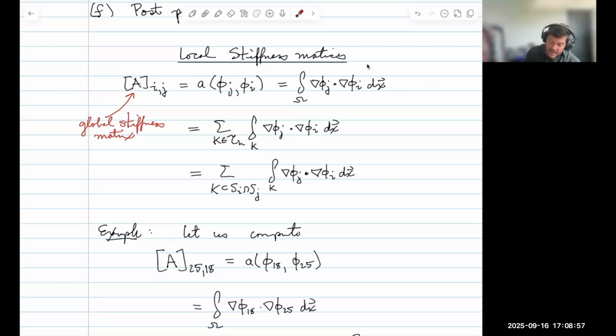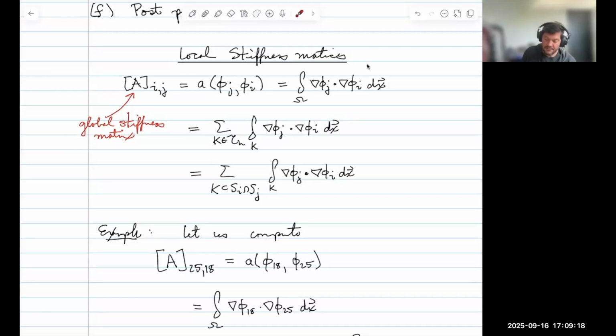Well, remember we said that this really only has something happening in the intersection of the supports of these two functions. That's because where these functions are 0 kills off anything else happening in the other function entirely.